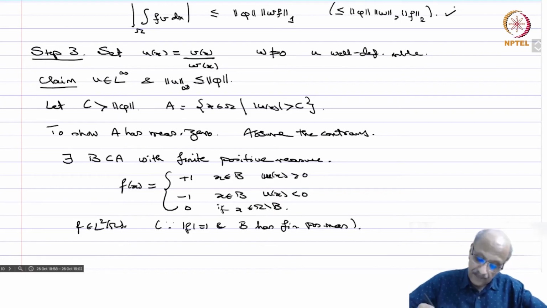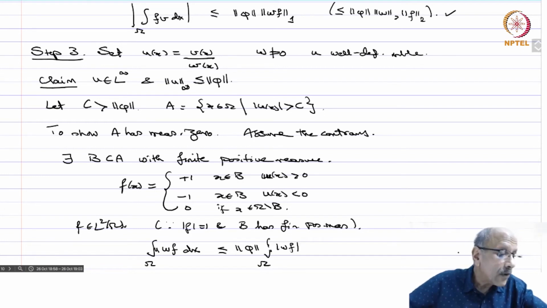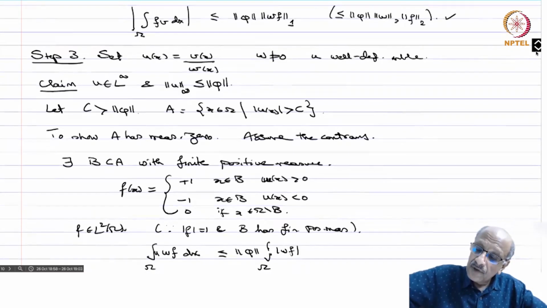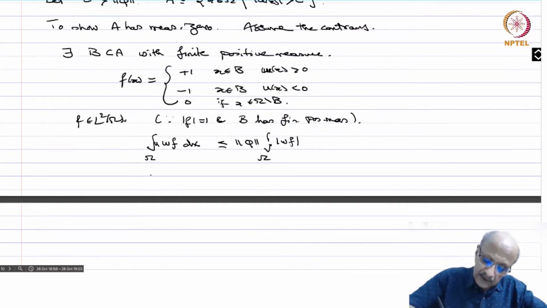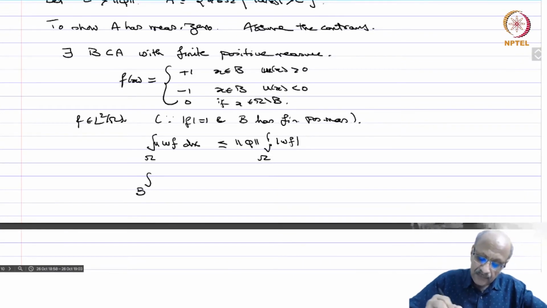So the integral of u w f dx is less than or equal to norm phi times the integral of w f in L1, that is mod w f. Okay, now f is 0 outside B, so all the integrals come only to B, which has got positive measure, and u times f is just mod u.